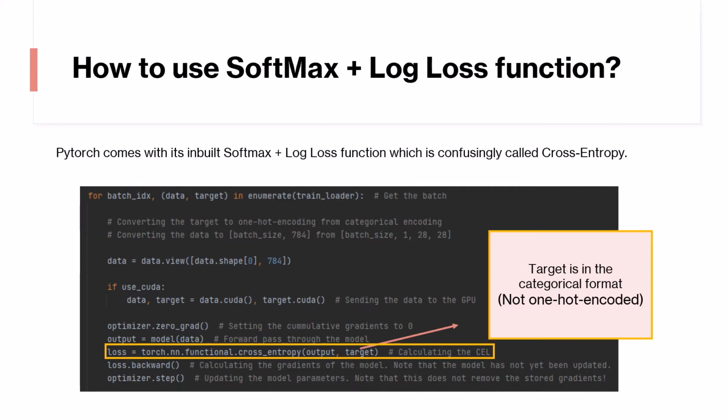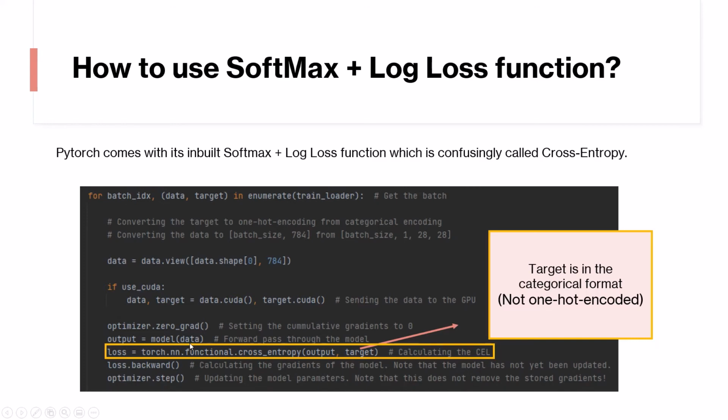So, Pytorch comes with its inbuilt softmax plus log loss, which is confusingly called cross entropy loss. So do not get confused. It's not actually cross entropy loss. It's softmax plus log loss, activation and loss function combined together into one function which is named cross entropy.